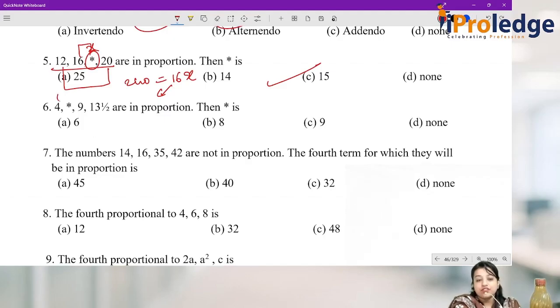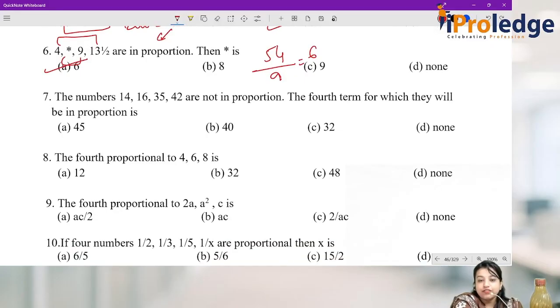Again, product of extremes, 54 divided by 9, which is equal to 6. Very good. Now the fourth term will be 16 into 35 divided by 40.